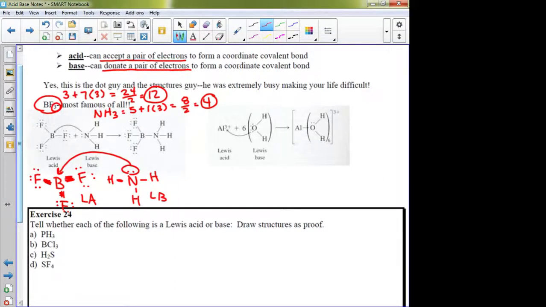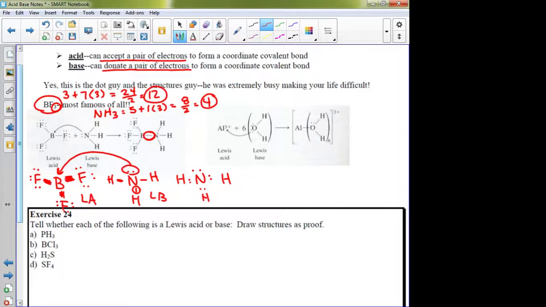So then what I get is this bond right here, which is not the same thing as the bond here. Because, remember, nitrogen has 5 valence electrons. Hydrogen has how many? 1. So hydrogen donated 1. Nitrogen had 1, hydrogen gave 1. Nitrogen had 1, hydrogen gave another. Nitrogen had 1, hydrogen gave another. So do you see how they're sharing equally?